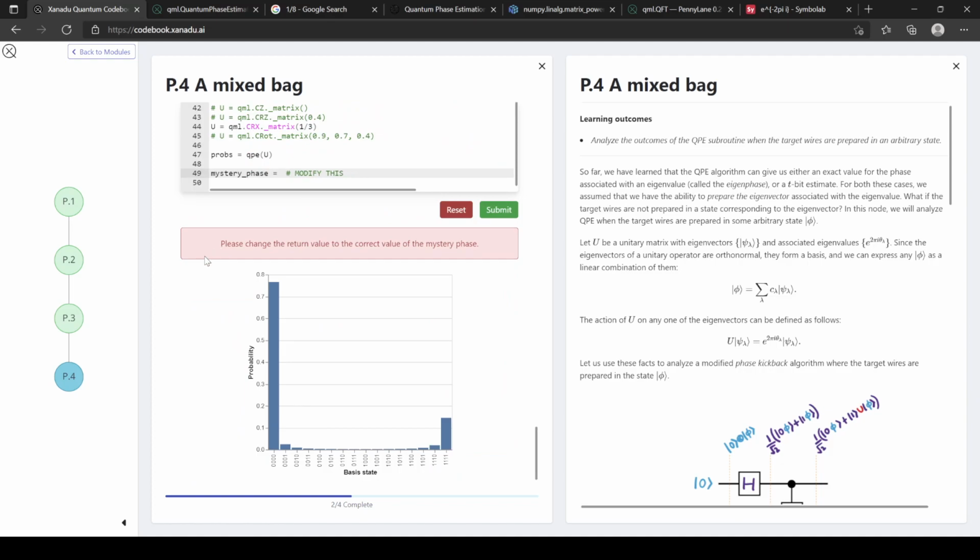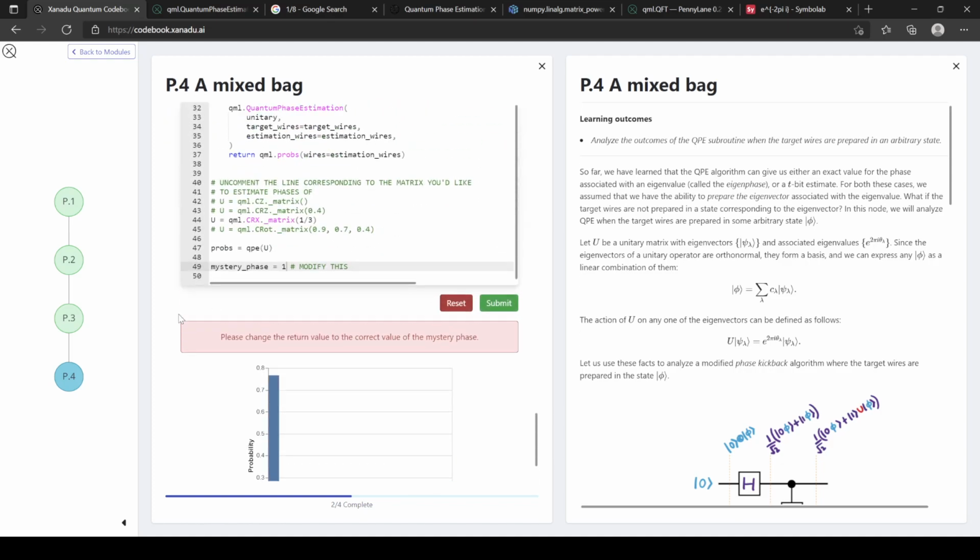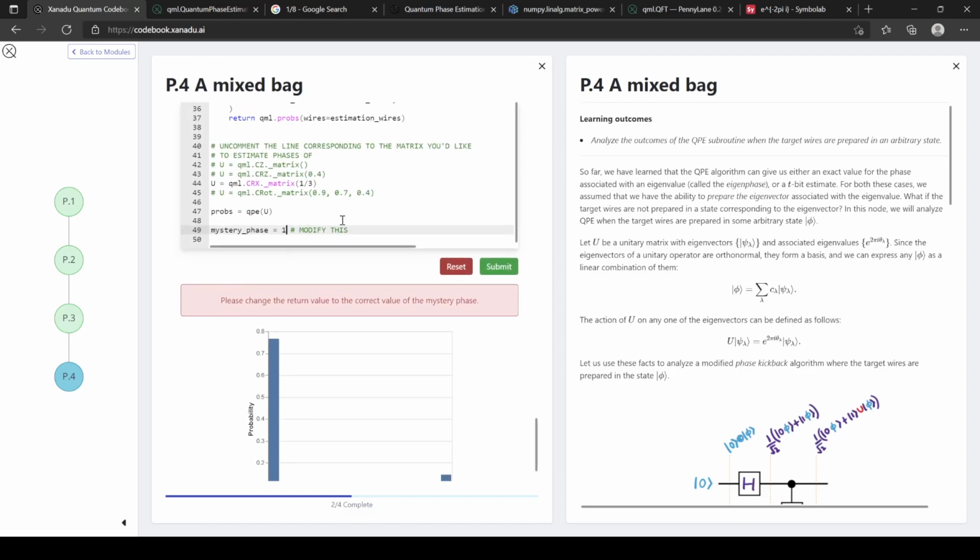Phase value is, how many are these? 1, 2, 3, 4. 2 to the -4th times just 1, right? Oh no. 2 to the -4th times.